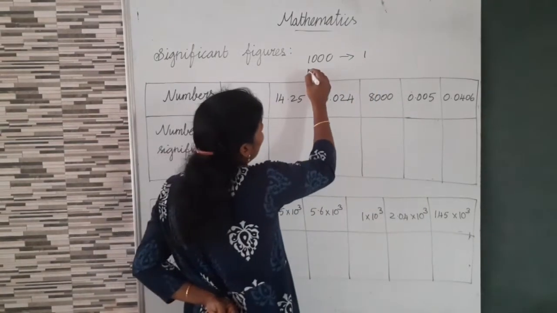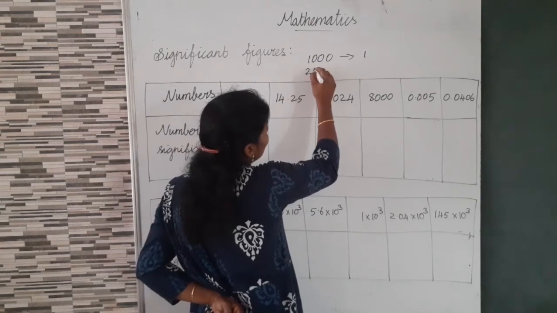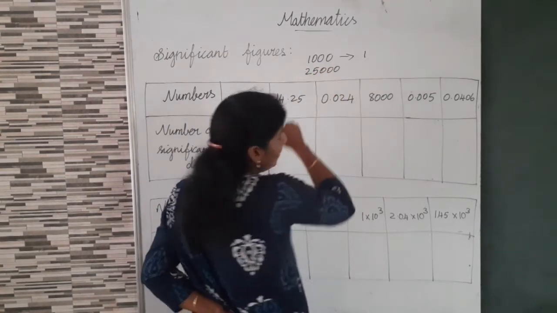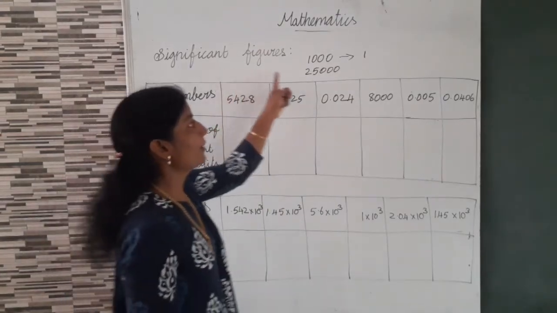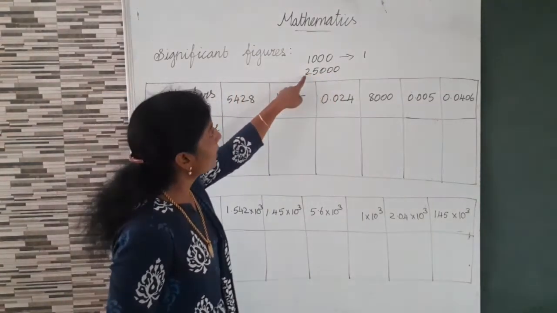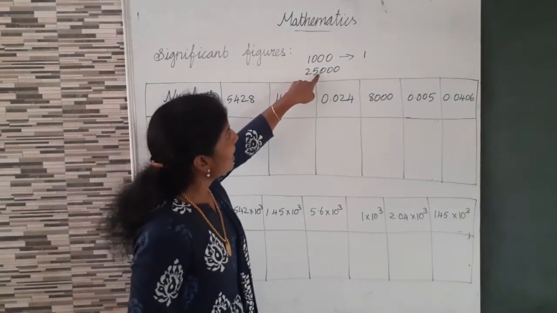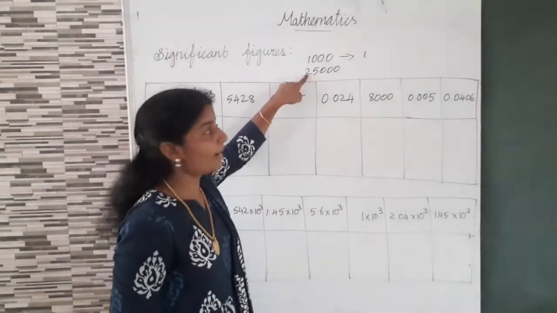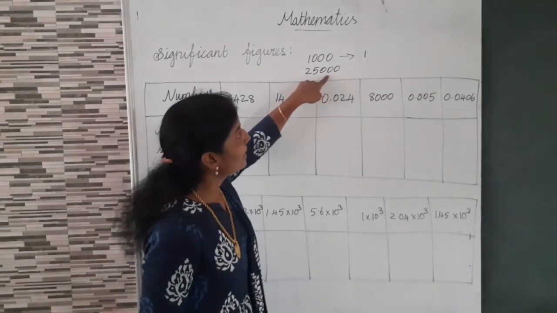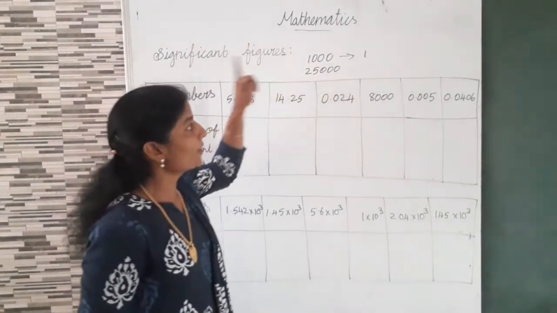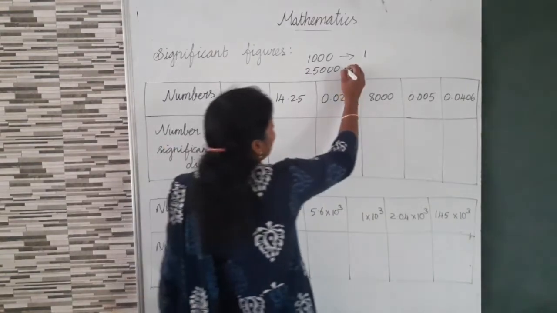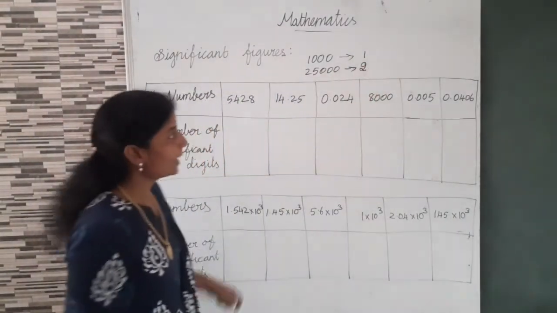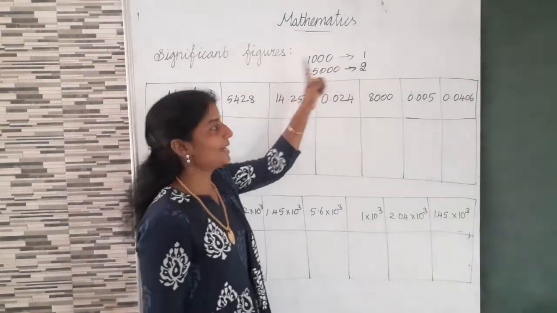Suppose we have 25,000. 25,000 means here how many significant digits? 2. Okay, 25 is the non-zero digits, but after that remaining here are 0 digits, isn't it? So we can't count those. So here how many significant digits? 2. Clear? 2 significant digits.